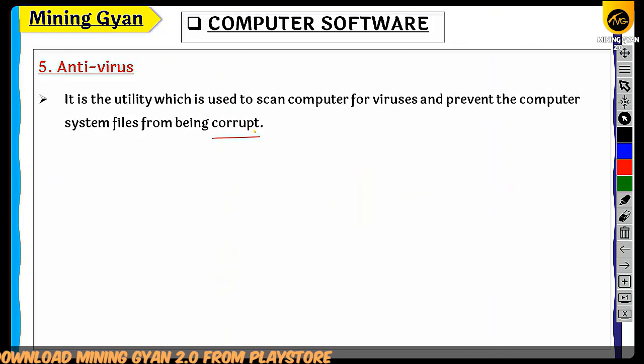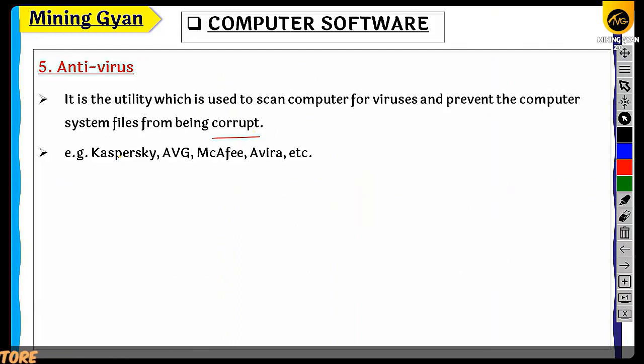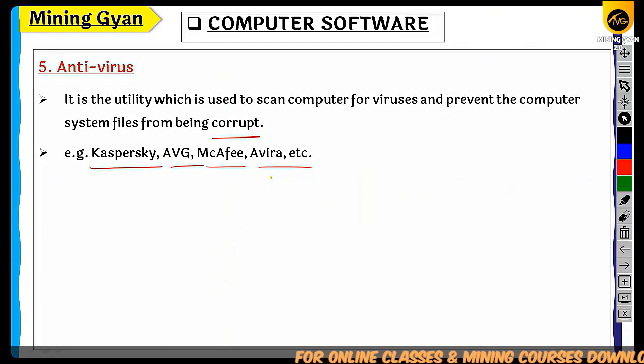So basically these softwares are used to prevent the computer from viruses or any kind of harm. For example, Kaspersky, AVG, McAfee, Avira, these are all brands of antiviruses. They can be used to prevent the computer from virus attacks.